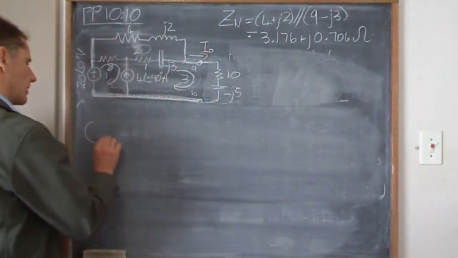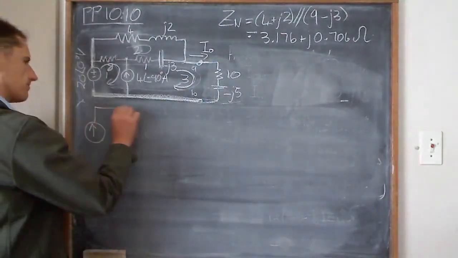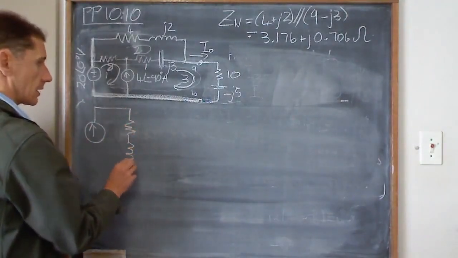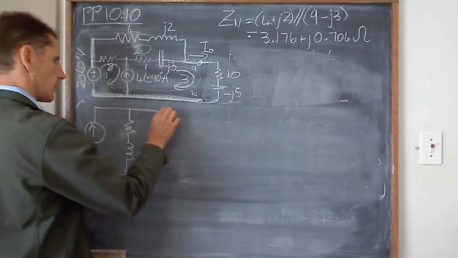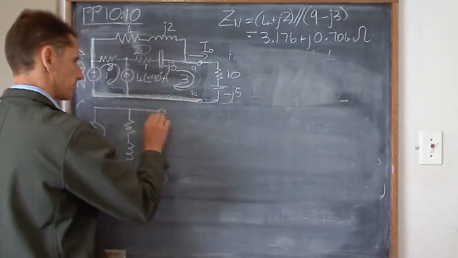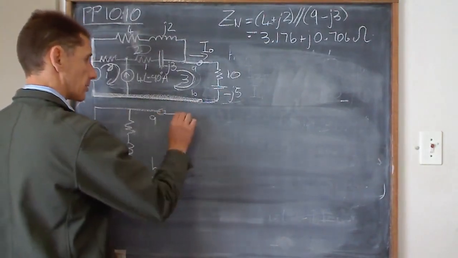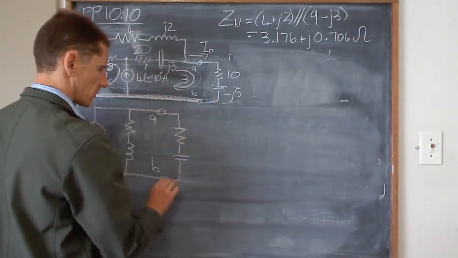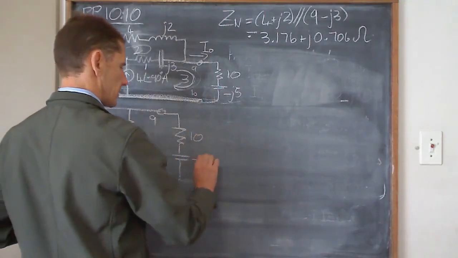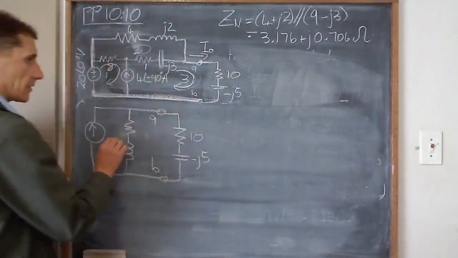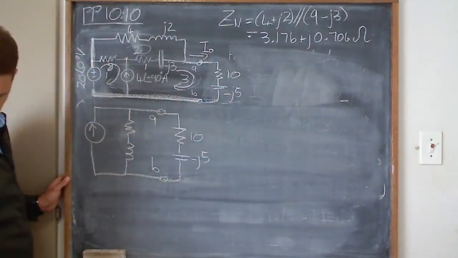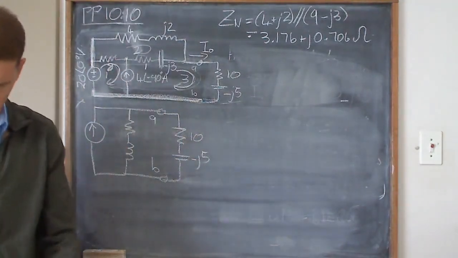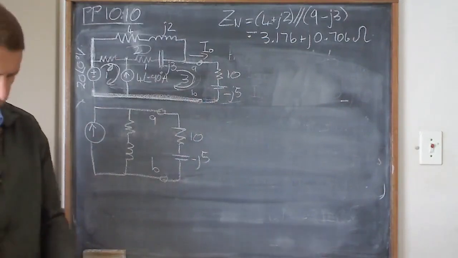So our Norton equivalent circuit now looks like this. A resistor, an inductor, terminals AB, and connected to that is the 10 and the minus J5, and the Norton current there, the I3, is, hi guys, I can't even remember now if I gave you the final answer for the Norton current.